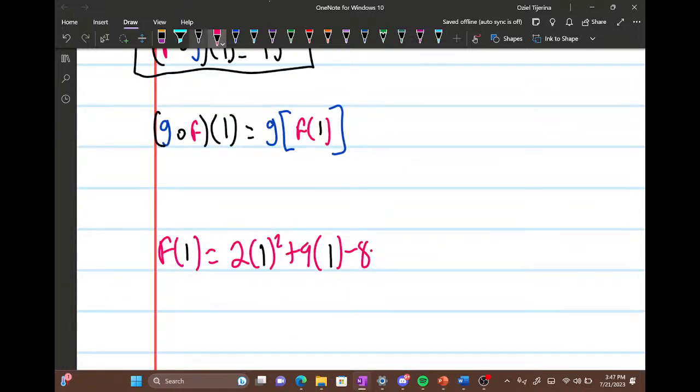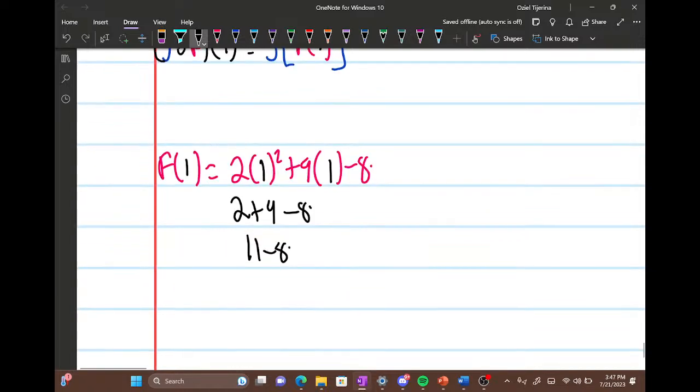So then this is going to be 2, because 2 times 1 squared is 2, plus 9 minus 8. 11 minus 8 is going to be 3. So we know that f of 1 is 3.